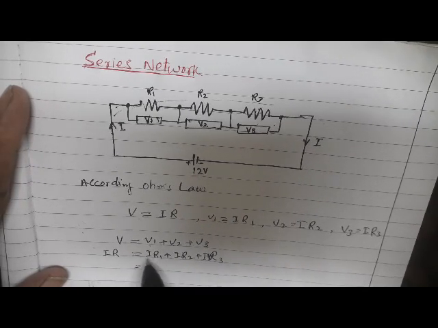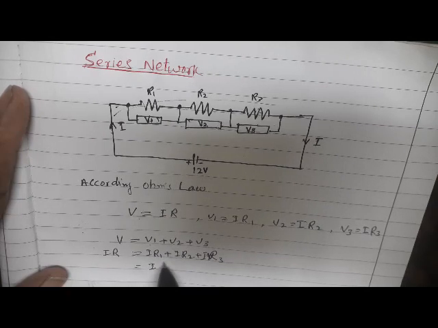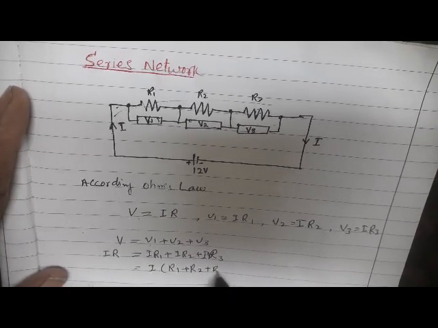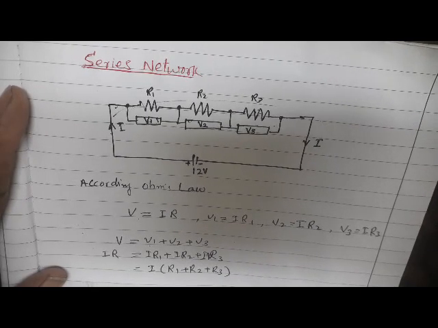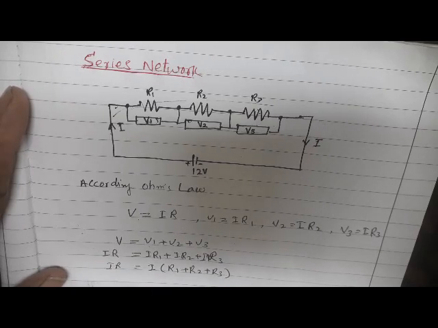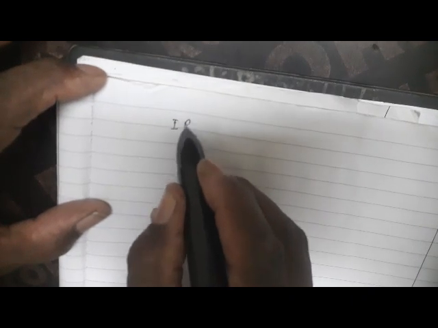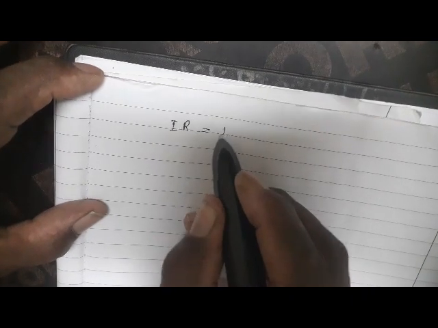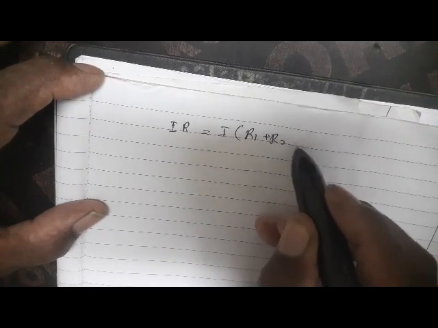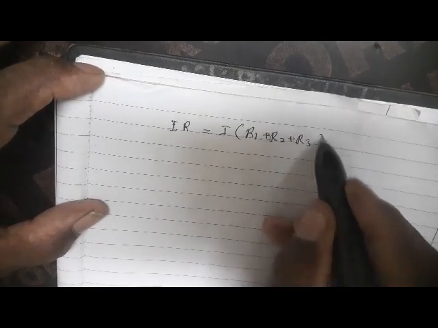If I take I common, inside is R1 plus R2 plus R3. So the equation is IR is equal to I(R1 plus R2 plus R3).